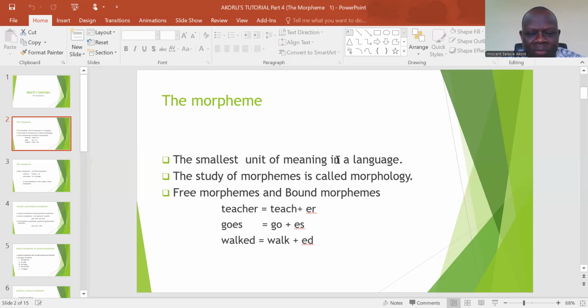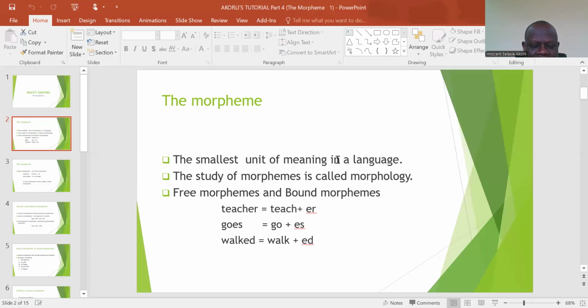So the smallest unit of meaning in a language could be a word or a morpheme which doesn't have semantic content. Now, as you go along, I'll explain. So the study of morpheme is called morphology.